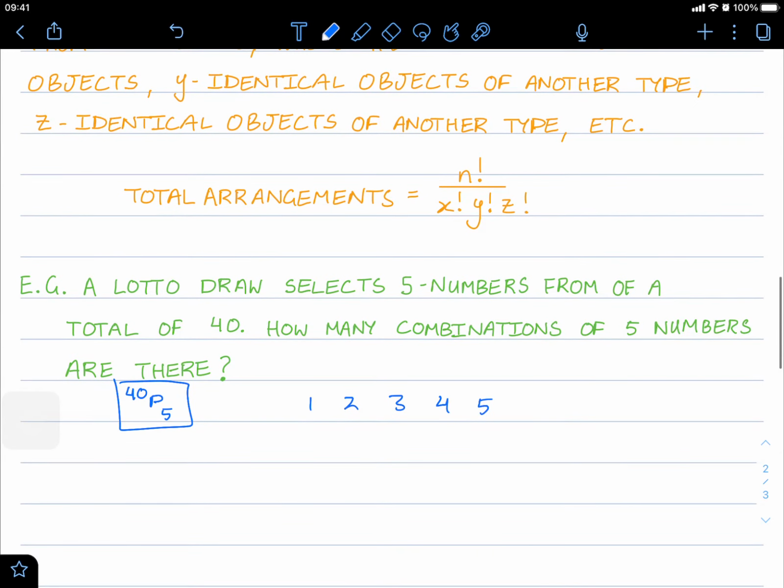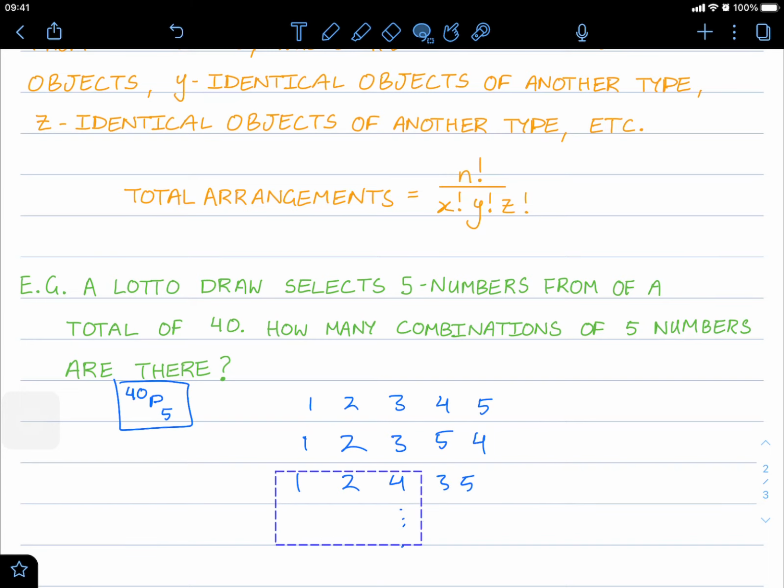How many different ways can we organize these 5 numbers in any order? That's 1. Here's 2: 1, 2, 3, 5, 4. Well, we can do 1, 2, 4, 3, 5, and so on.